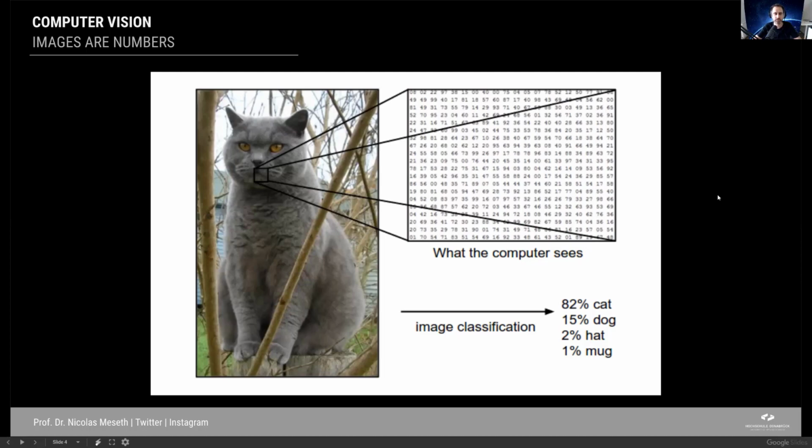Ultimately, every image is going to be a large sequence of zeros and ones. These are just decimal numbers for convenience, so we can read it better, but the computer sees zeros and ones in a large sequence for every image that we feed it. So the problem gets reduced or transformed into a problem of a large array of zeros and ones and predicting something based on this very large pattern or sequence of numbers.